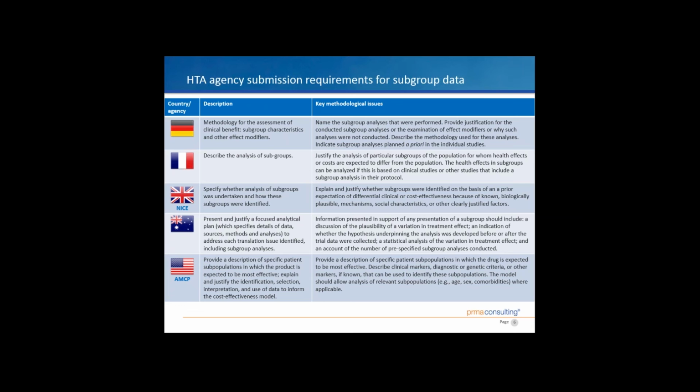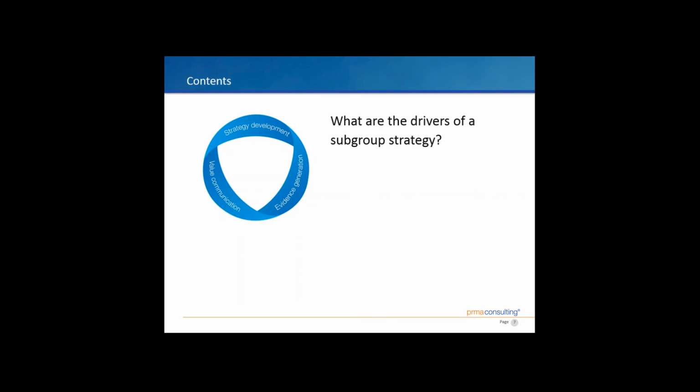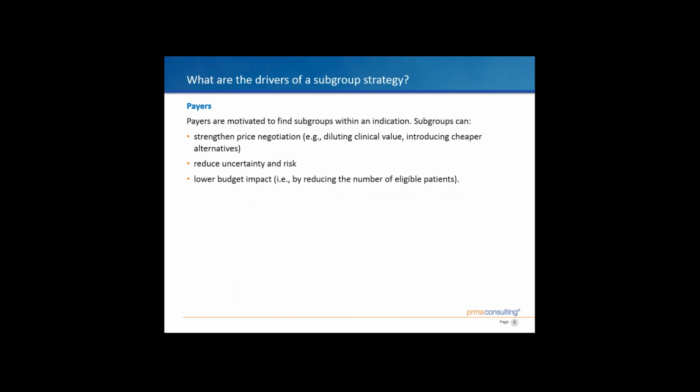I'm going to take us through the rest of the content, and I'm going to pick up on the point that David was just making about the breadth and the range of the subgroups, and I'm going to start talking about what the drivers are of subgroup strategies and what the drivers are of subgroup data and analysis requirements. Starting with payers, and David was alluding to this, payers are the key external driver of subgroup requirements, and they're the key driver of subgroup requirements overall.